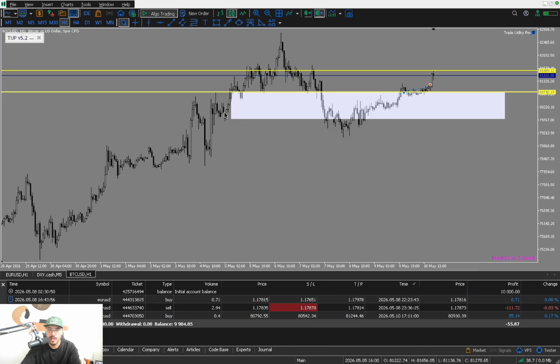Okay, there's my trade. So I identified that as a resistance, and then I saw how price broke that resistance, corrected a little bit here, then had another impulse, corrected again, and had a huge indication to the upside.